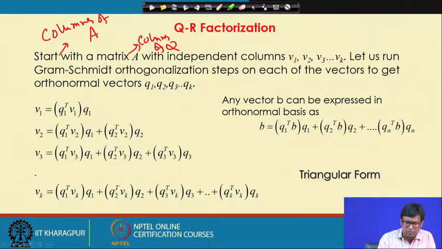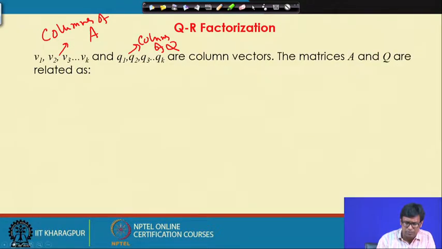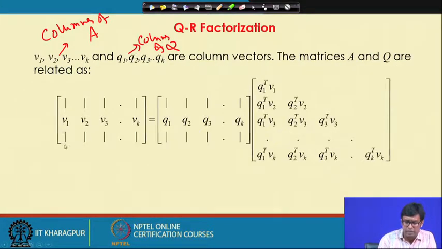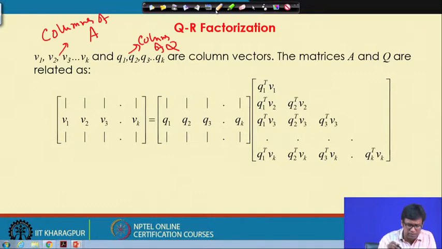Going back, V1 is Q1 transpose V1 times Q1, and V2 is Q1 transpose V2 times Q1 plus Q2 transpose V2 times Q2. So, the column V2 is something times column Q1 plus something times column Q2. In that sense, we can write that the matrix A is the matrix Q multiplied by a triangular matrix. These are column vectors, not single entries.